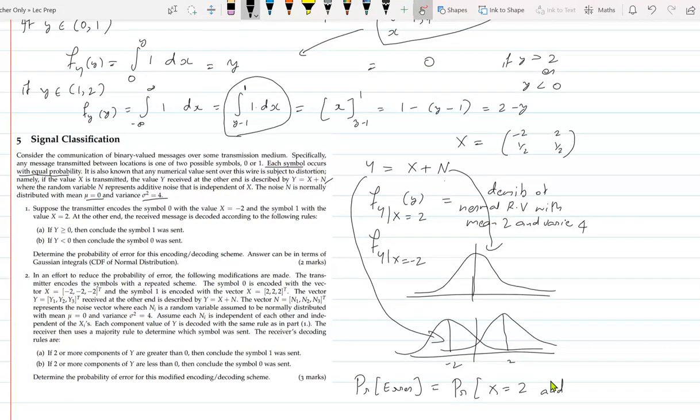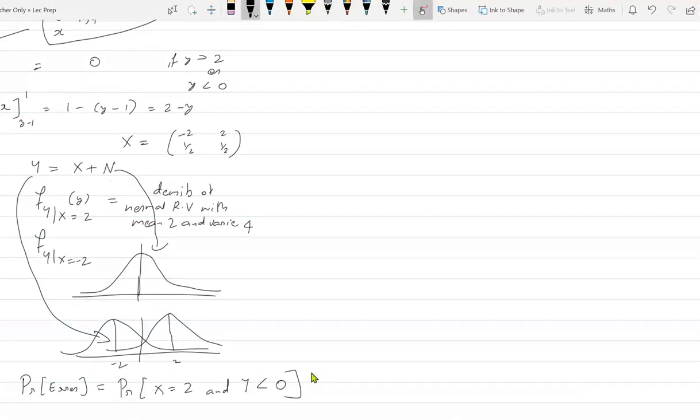What does that mean in terms of y? You got a y which is less than 0. So this is one case. Then there is the other case also. I send you -2, but you decoded it to be 1. That means you got a number y which is greater than 0.